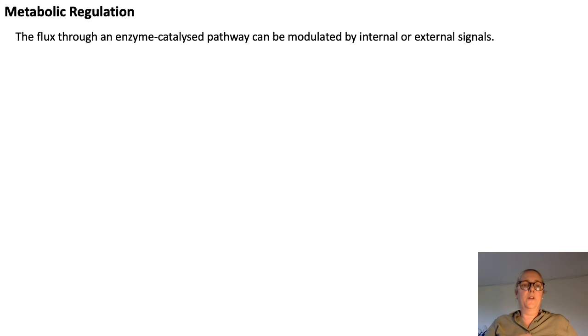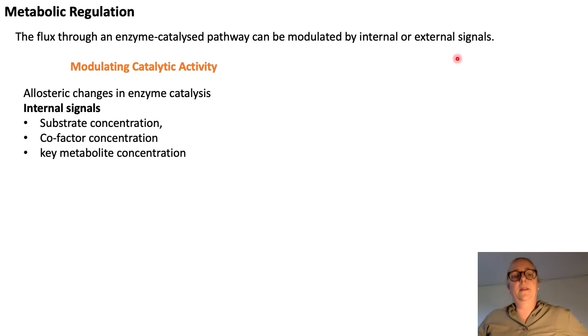So the flux through an enzyme catalyzed pathway can be modulated by internal and also external signals. This modulation allows modulating catalytic activity through different types of interactions. This might be through allosteric changes in the enzyme catalysis.